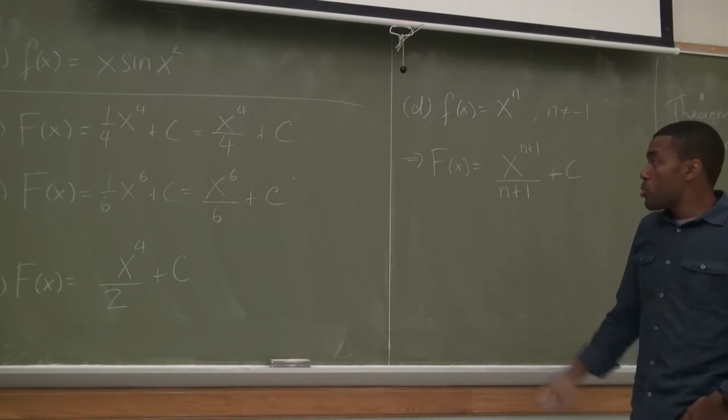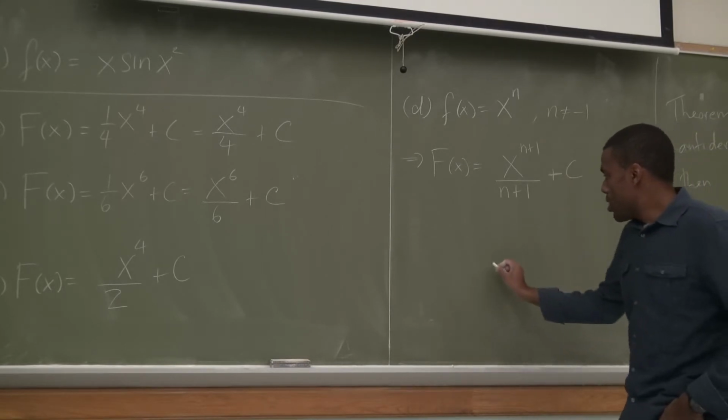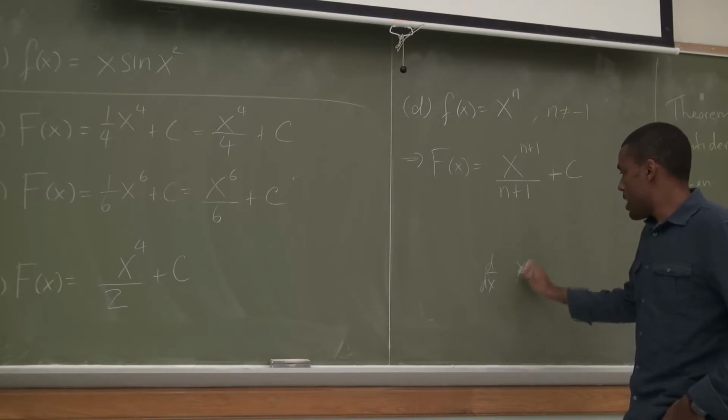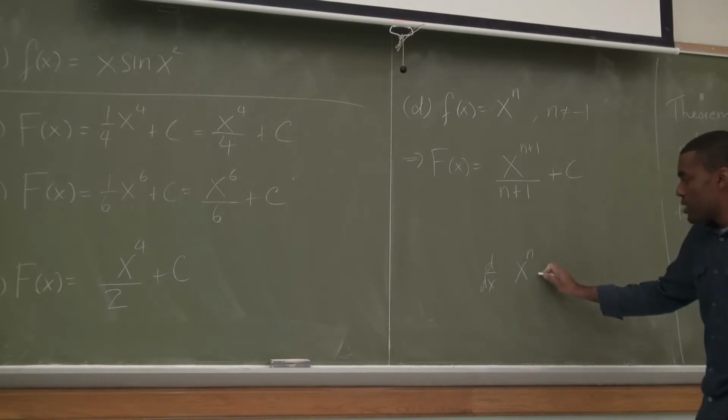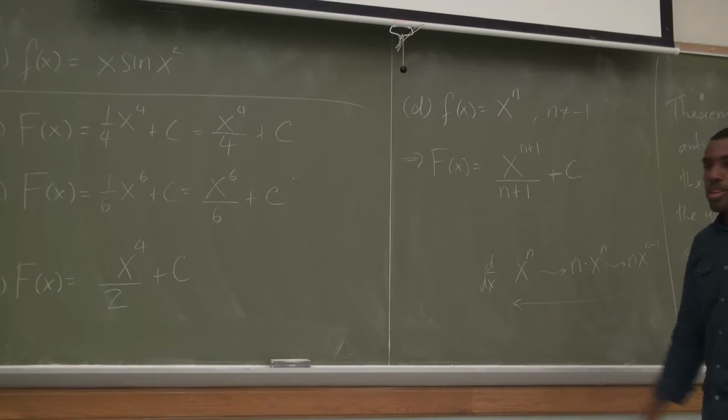And remember, the point is we're trying to reverse the derivative. If you're taking the derivative of x to the n, you have to realize what you actually did: first you took the n down in front, then you subtracted 1 from the power. Now you want to go the other way and reverse this process.